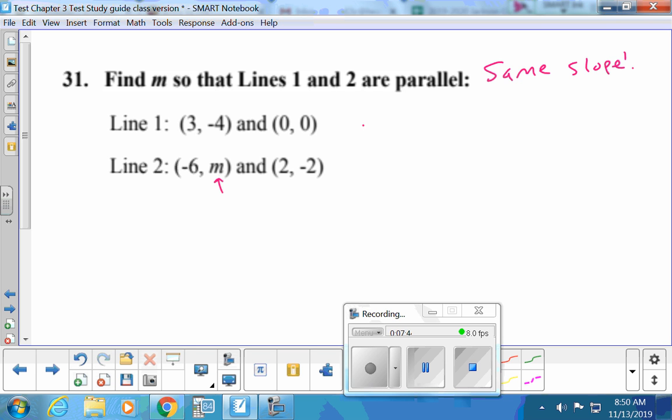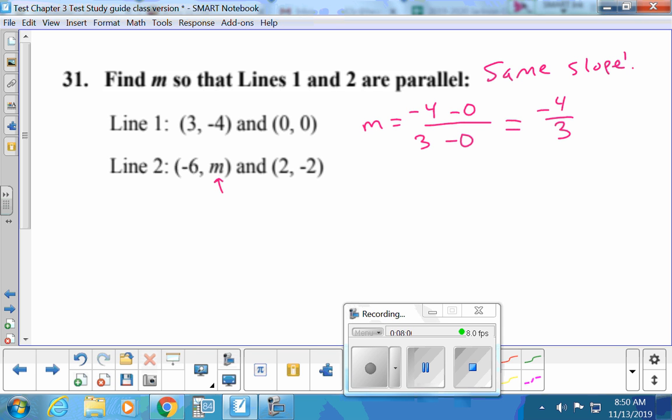Will we do the y2? Yes. So we're going to do y1 minus y2 over x1 minus x2, and we're going to figure out that the slope of line 1 is negative 4 over 3.